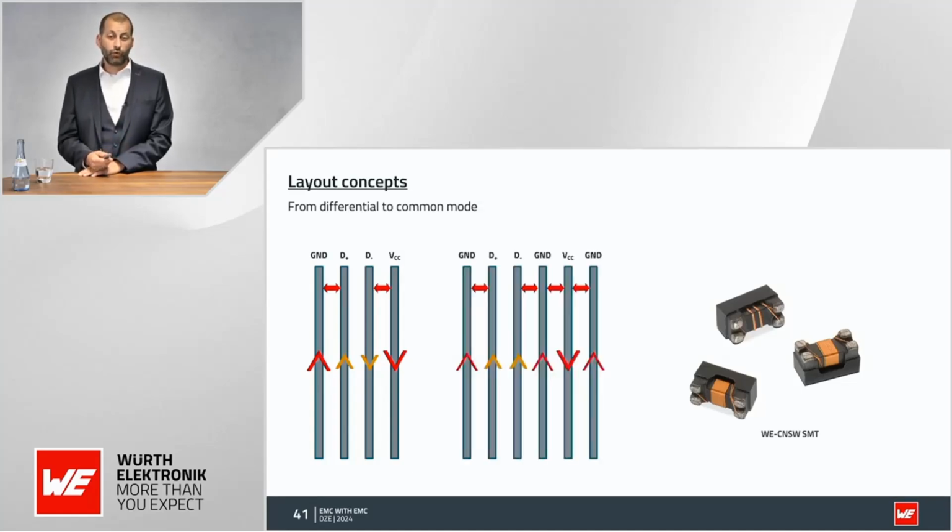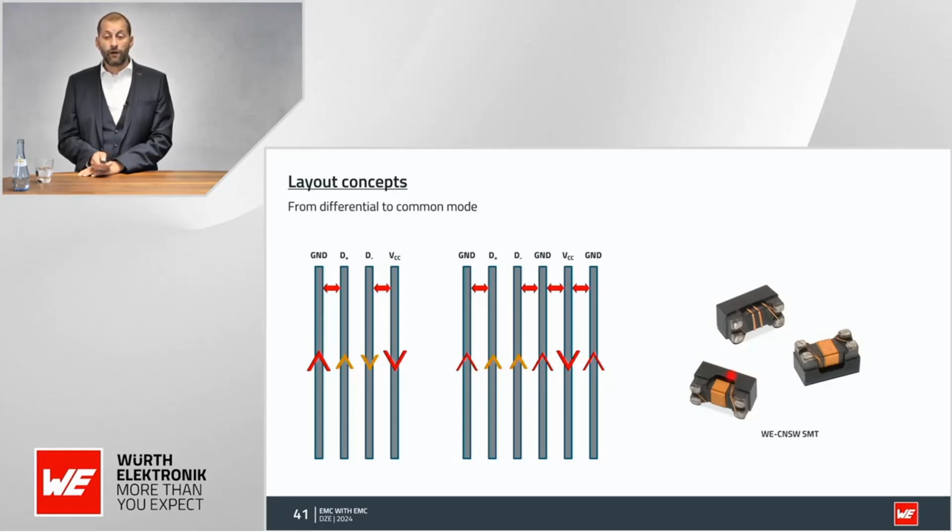What we can do, and that's quite easy, is add a few lanes. In this case, ground lanes. We have still the same, maybe a bit reduced noise, but here and here we see the same noise going in the same direction. If we have coupling, we will see also this noise on D plus and D minus.